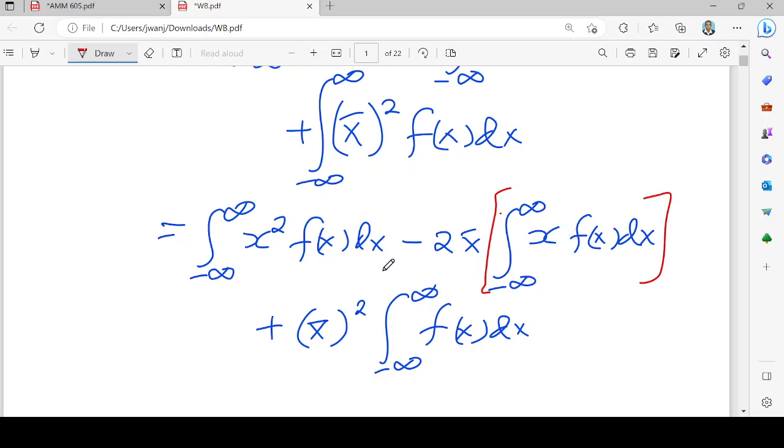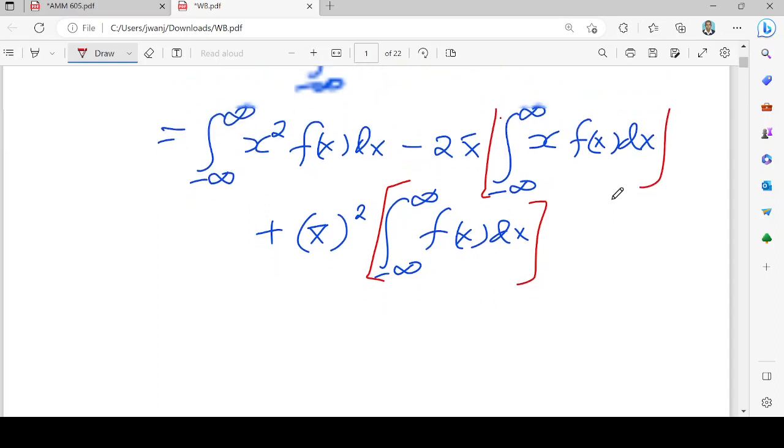While this other one here, the integral from minus infinity to positive infinity of f(x) dx, is equal to 1, because f(x) is the probability density function, and this is the integral over the entire region, which represents the total area under the curve. So this is equal to 1, while this quantity here is equal to the mean.